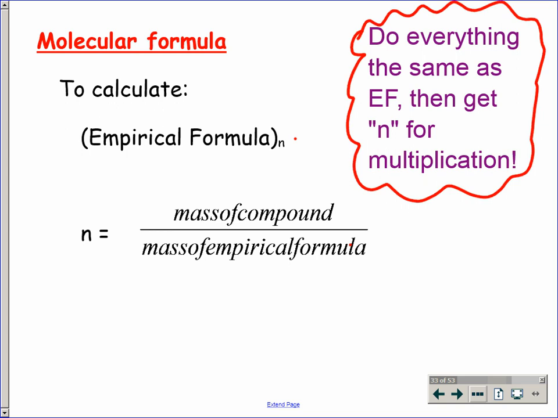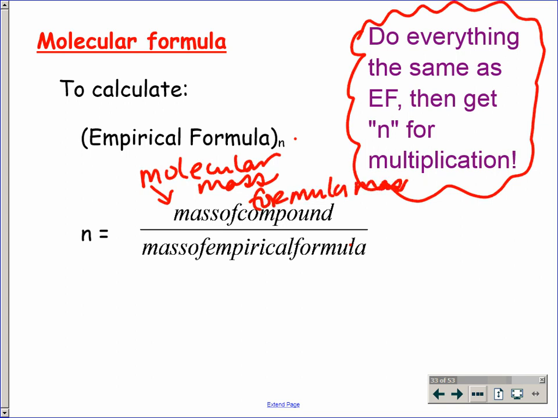In a word problem, it would be given as molecular weight or molecular mass or formula mass, the mass of the compound. It might say the formula mass is 180 grams, or 180 grams per mole.